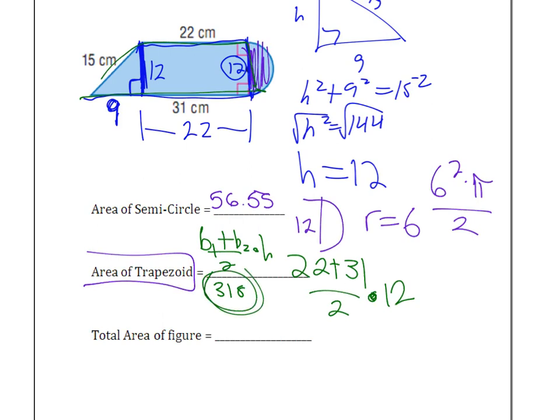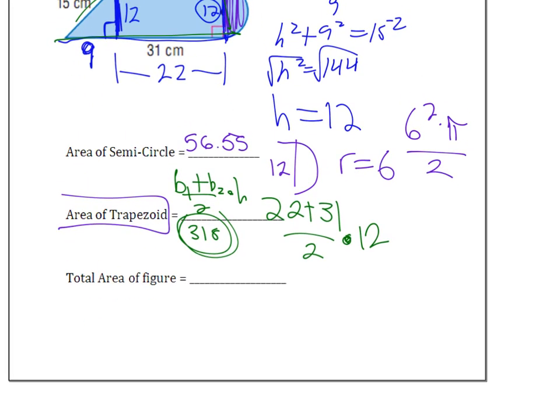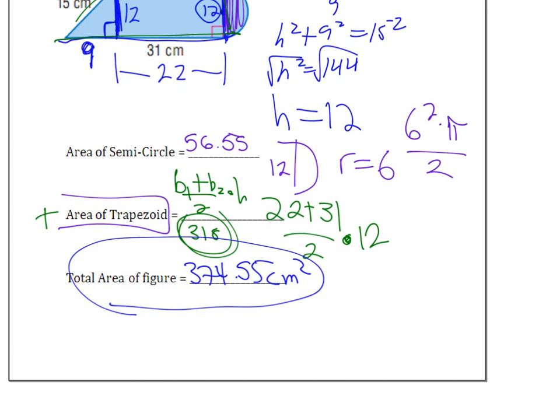So if I add those two, 318 plus 56.55, I get 374.55 centimeters squared. That's my answer.